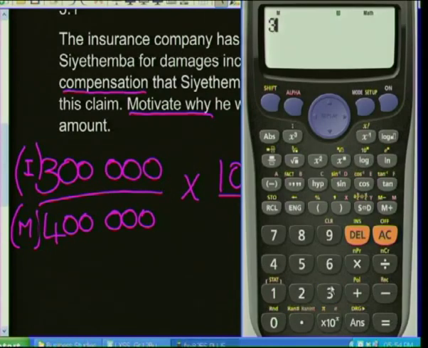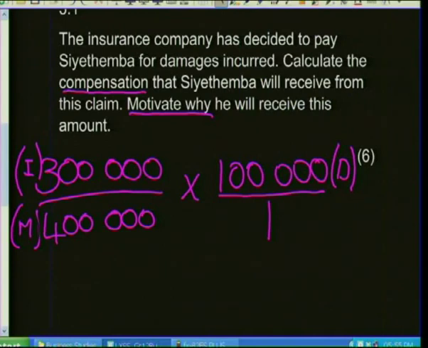We said it's 300,000 divided by 400,000. And then we said times 100,000. That gave me an answer of 75,000. Just quickly want to do that. 75,000 rands.